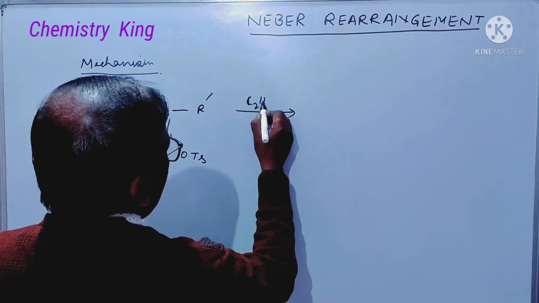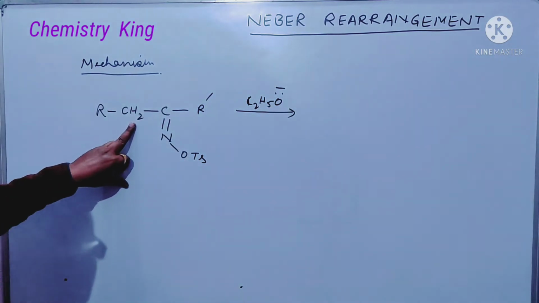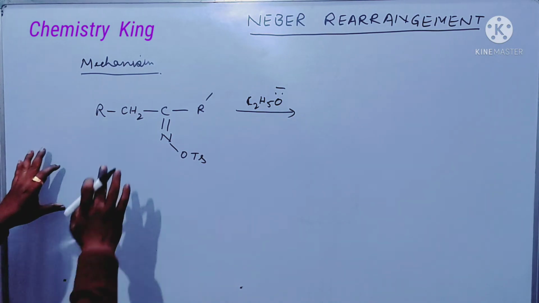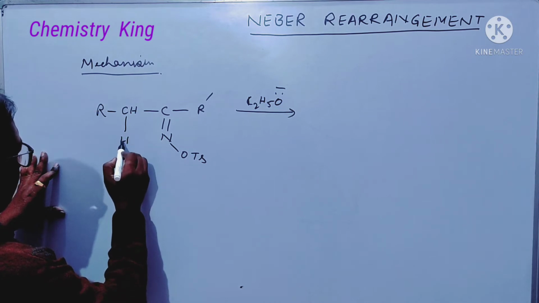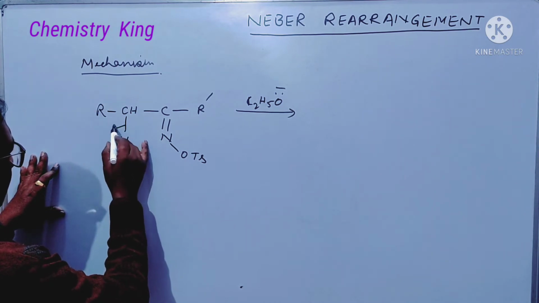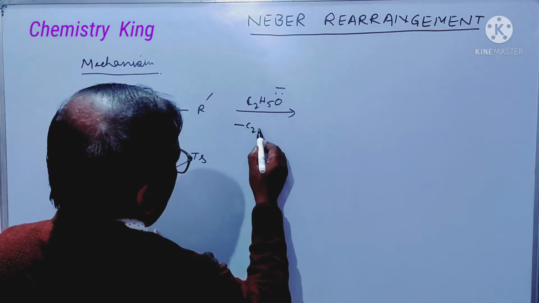It is ethoxide ion, a strong base. It will abstract this hydrogen, minus ethyl alcohol.